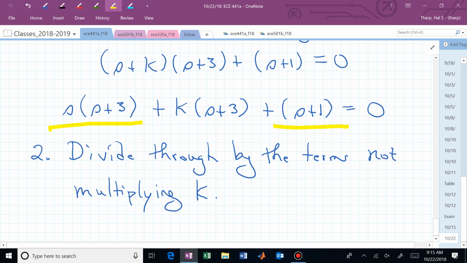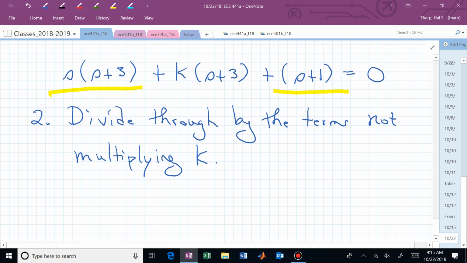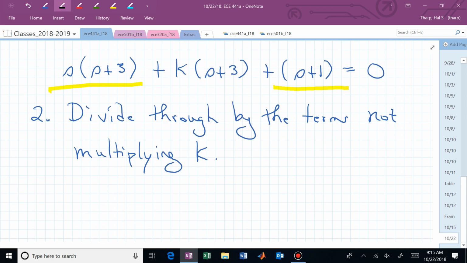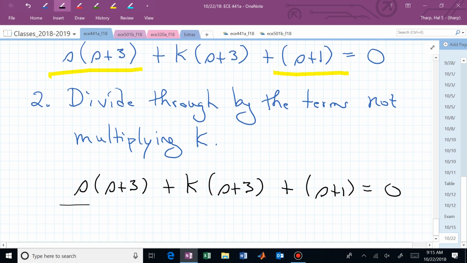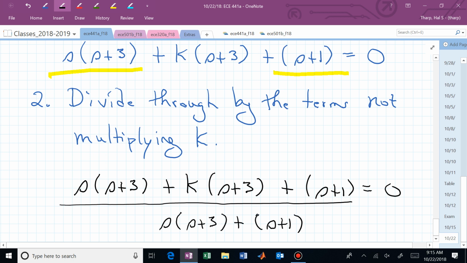So now we want to divide both sides by that combination of s times s plus 3 plus s plus 1. Or we have s times s plus 3 plus k times s plus 3 plus s plus 1 equaling 0. But now what we want to do is divide both sides through by s times s plus 3 plus s plus 1.